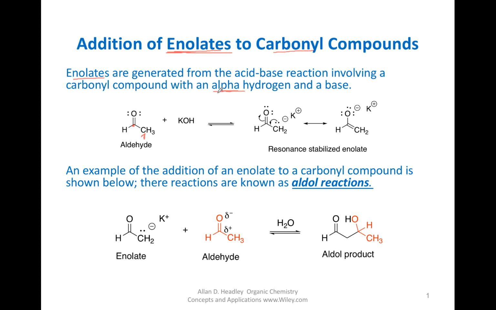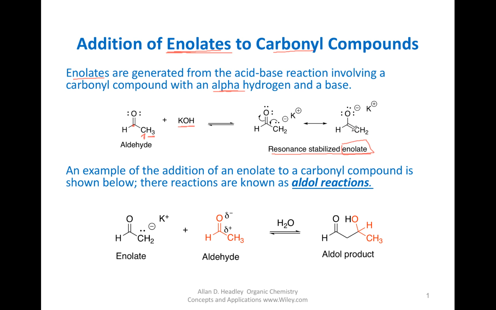As you saw from the chapter in acid-base chemistry, these hydrogens here are acidic. So in the presence of a base such as potassium hydroxide, one hydrogen is abstracted to give you a conjugate base, which is resonance stabilized, and this base is called an enolate.